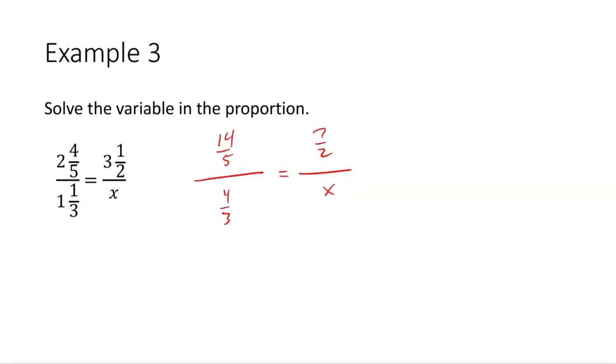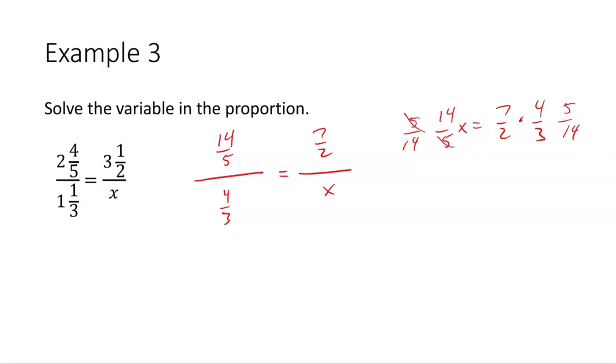So in terms of cross products, we'll have 14/5 x is equal to 7/2 times 4/3. And the way we solve that is I'd multiply by the reciprocal. So instead of 14/5, I'd multiply both sides by 5/14.